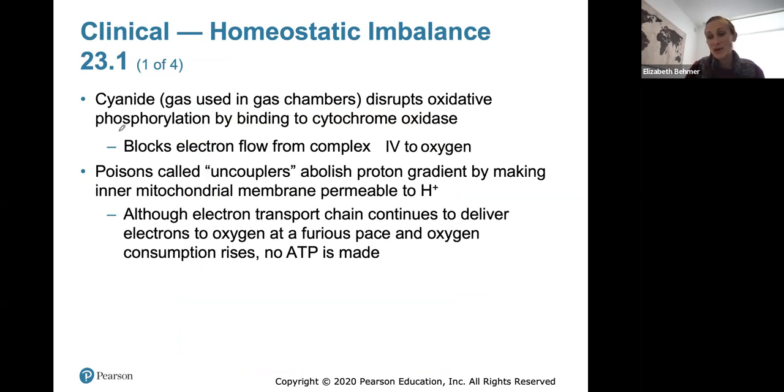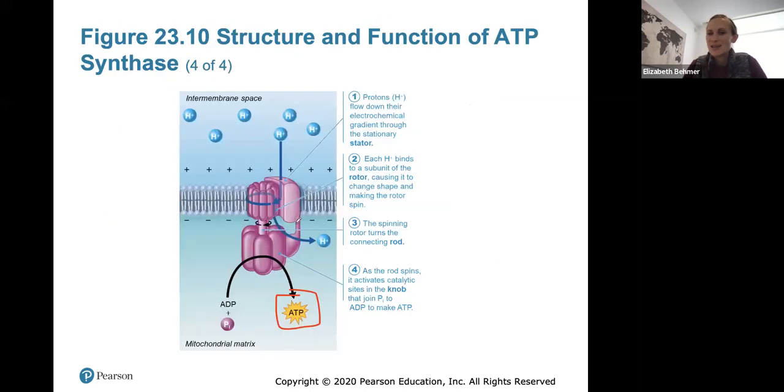Some homeostatic imbalances. We have some toxins that actually affect the electron transport chain. For example, cyanide, the gas used in gas chambers, will disrupt oxidative phosphorylation by binding or blocking the cytochrome oxidase. This will block electron flow. And if we don't have electron flow through the electron transport chain, we cannot have this rotor creating ATP for us.